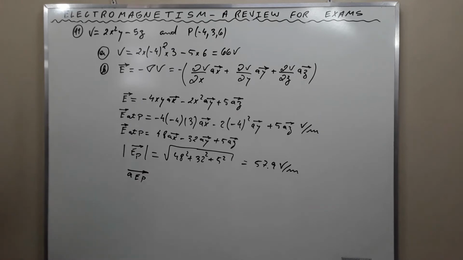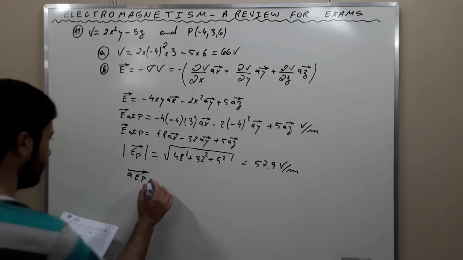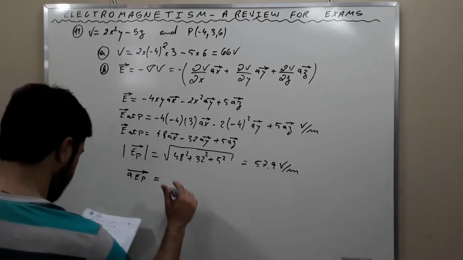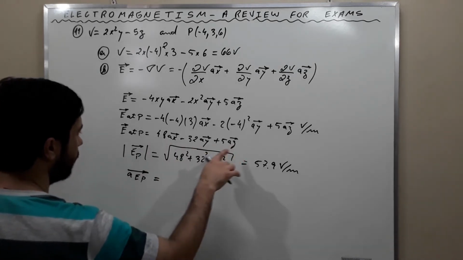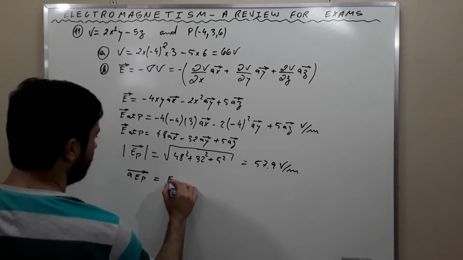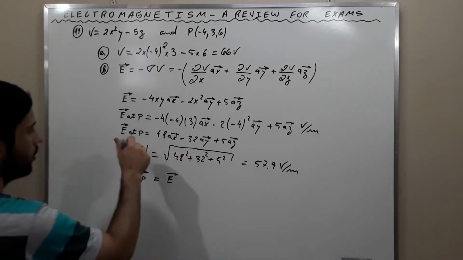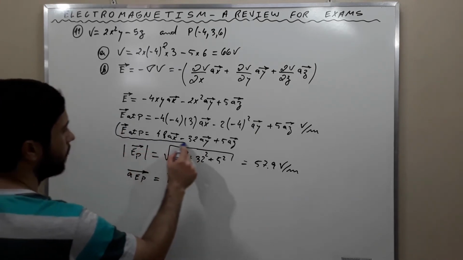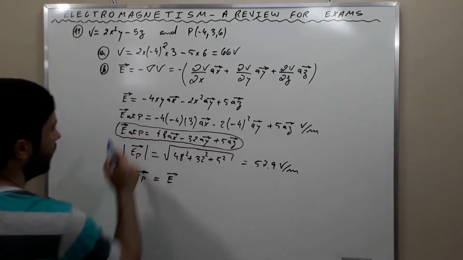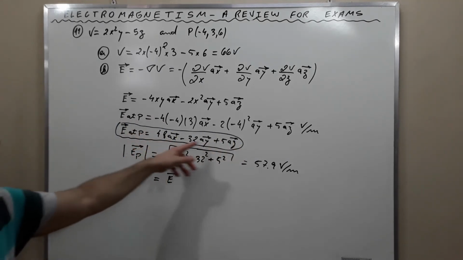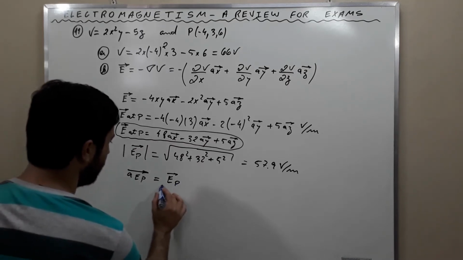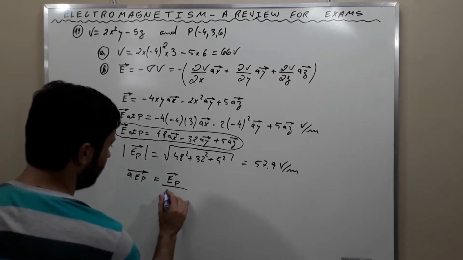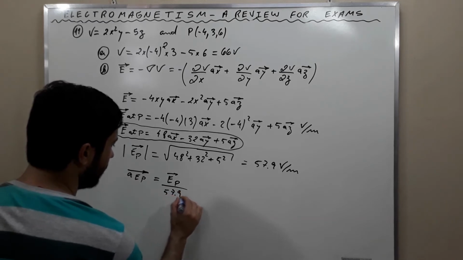The direction of the field at P is going to be found by dividing the vector, these numbers, by the magnitude, and the magnitude is 57.9.